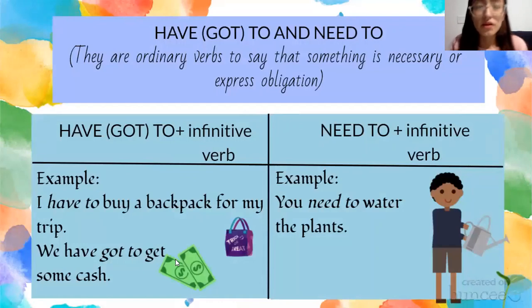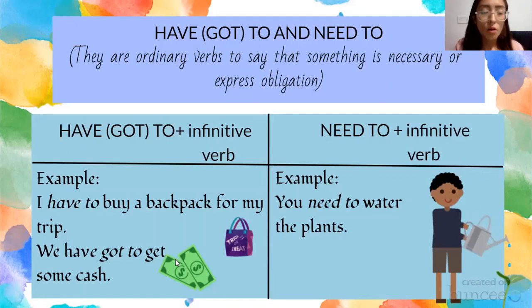Okay, we have ordinary verbs that are also used to say something that is necessary or express obligation, okay? First is have to, followed by an infinitive verb.